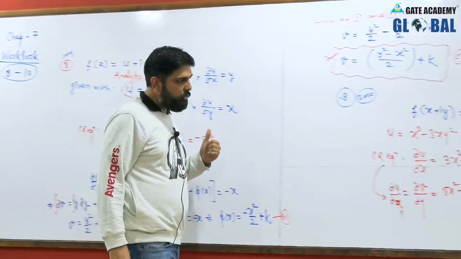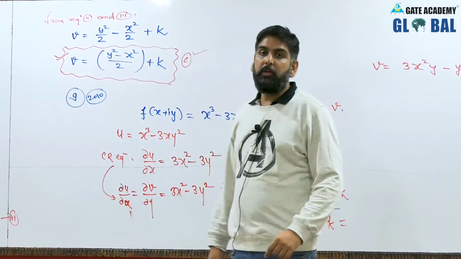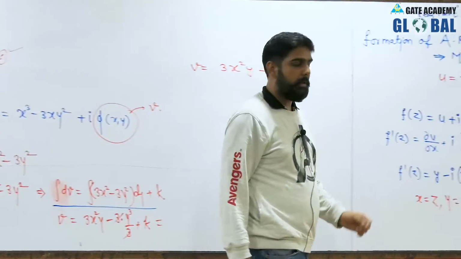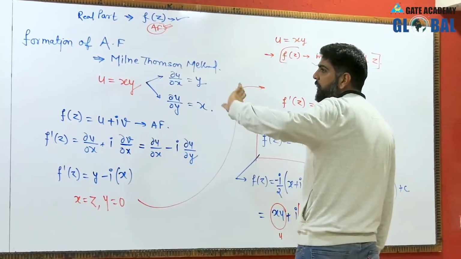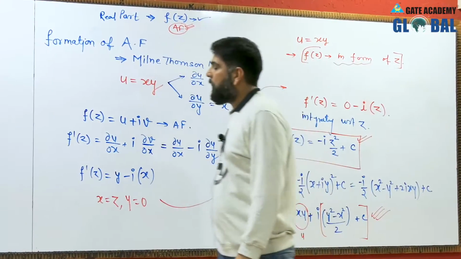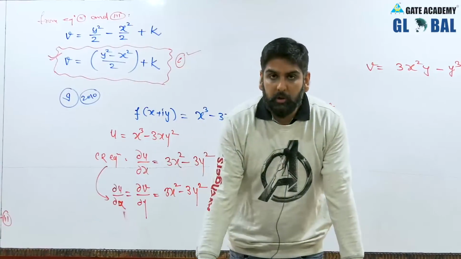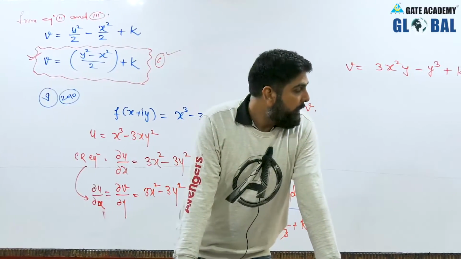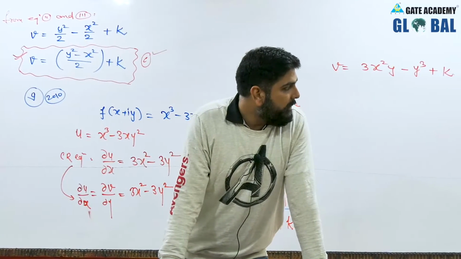So in question number 8, question number 9 and 10, the real part is given and we need to evaluate the imaginary part. In question number 8, I have done it with the real part. I have the real part, and by the Milne Thomson method, I have the value of the analytic function.